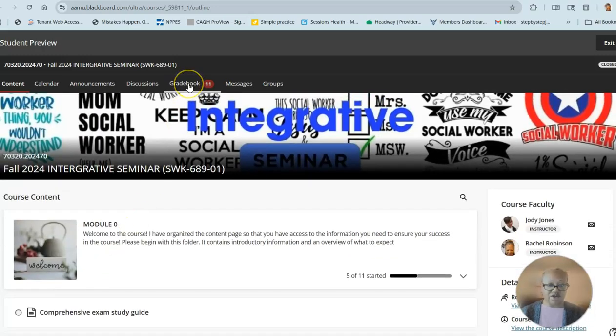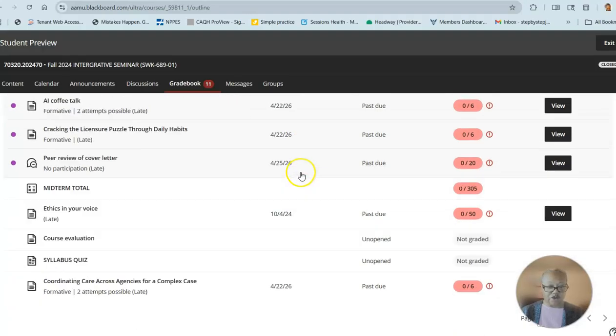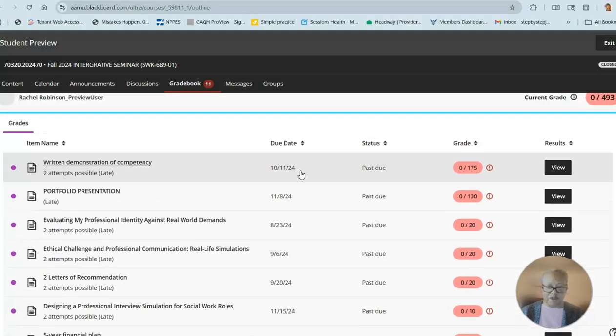Here is the grade book. I think you guys are familiar with that. This is where you can get your information about what you did, how you did, and the results of what you did. So you'll be able to track your grades there, just like with your other Blackboard classes.